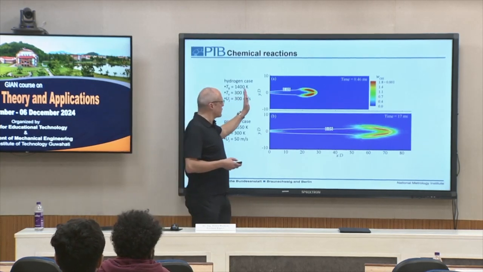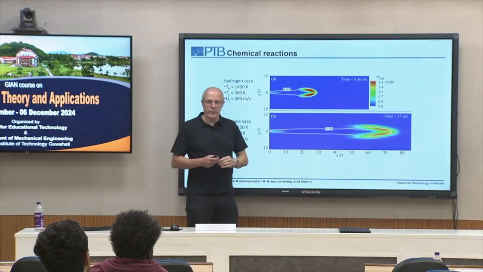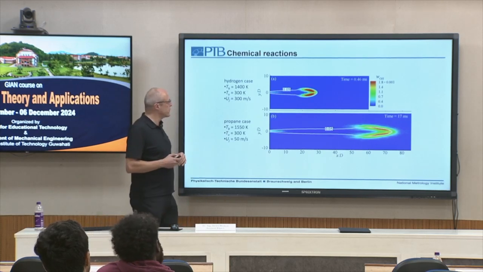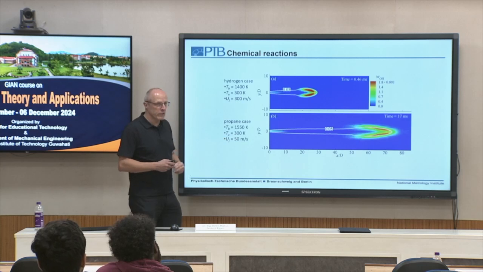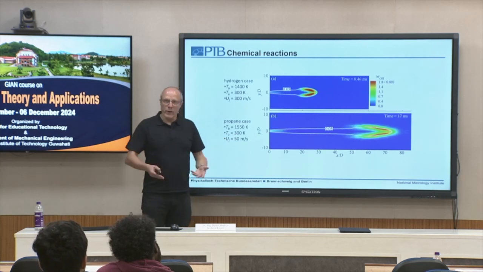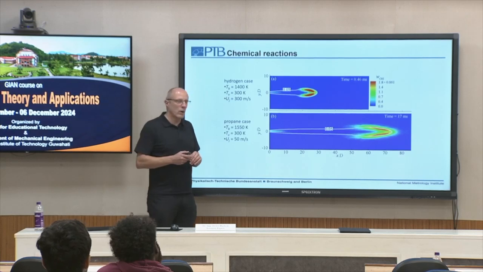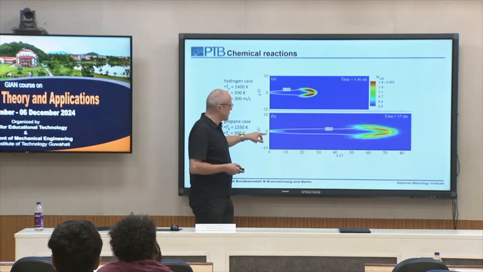Because after we exit the nozzle, it ignites very fast at even very high flow velocities. So here we have 300 meters per second compared to 50 meters per second. Propane is quenched easily or reignites only with high difficulty.